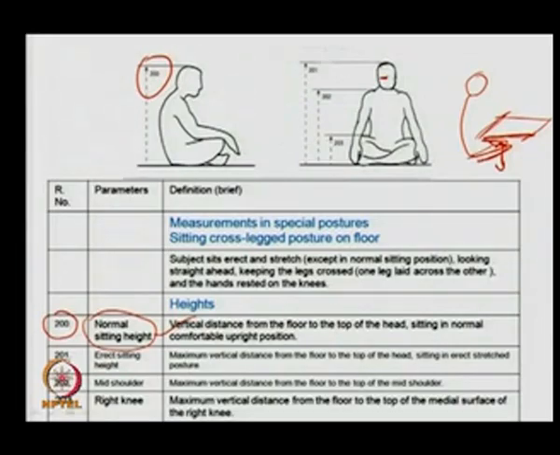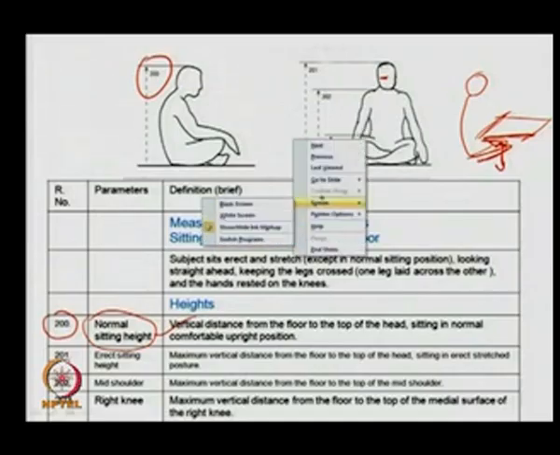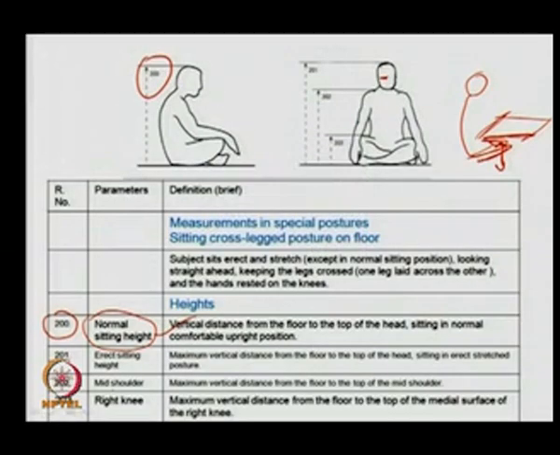Knee height is the maximum vertical distance from the floor to the top of the medial surface of the right knee. If in certain cases the left knee is higher, then we must consider the higher value for design purposes.